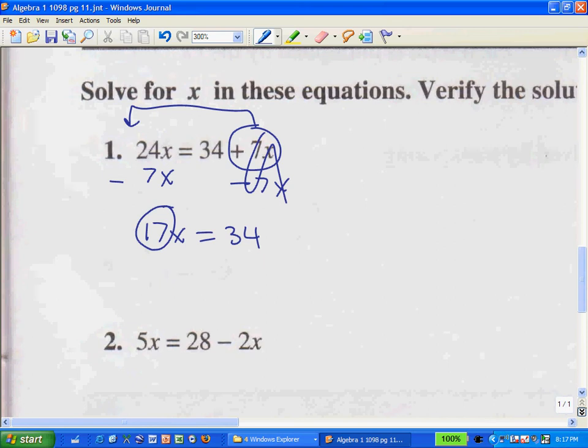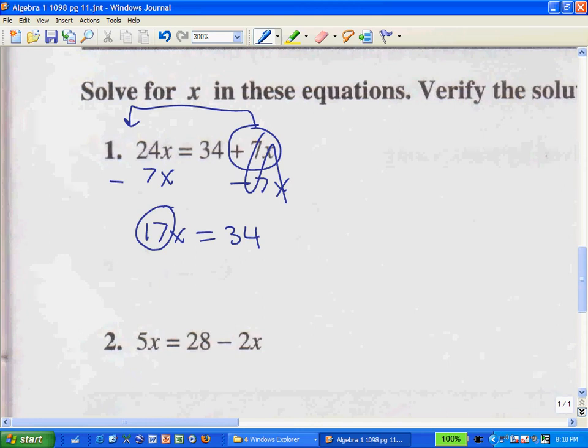So since when it was an addition, I used the inverse operation of addition, which was subtraction, here I'm going to use the inverse operation of multiplication, which is division, right? The opposite of multiplication is division, just like the opposite of addition is subtraction, and vice versa. The opposite of subtraction is addition.